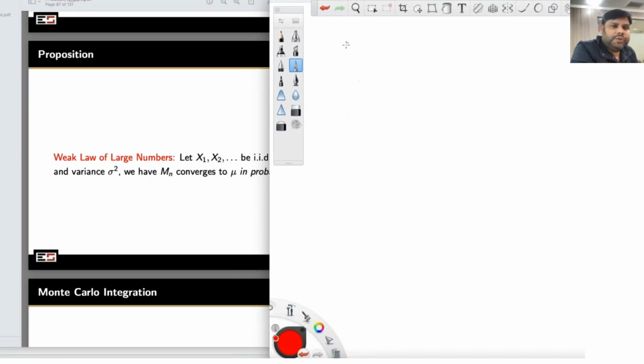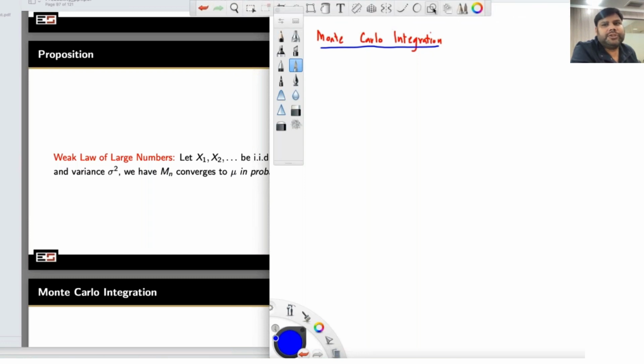This is another application, Monte Carlo integration. Let me explain what Monte Carlo integration is. Suppose you want to find the definite integral of this function.